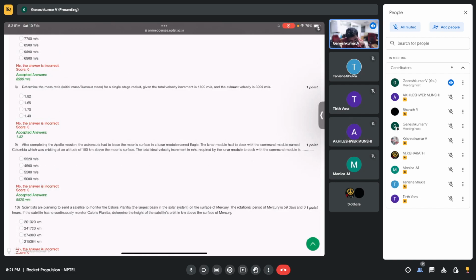The lunar module had to dock with the command module named Columbia, which was orbiting at an altitude of 150 kilometers. The total ideal velocity increment required to... So I think this was a problem, no? You guys mentioned it before. I remember. So were you getting a very low total ideal velocity increment?